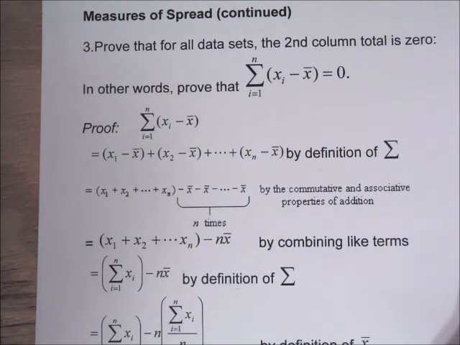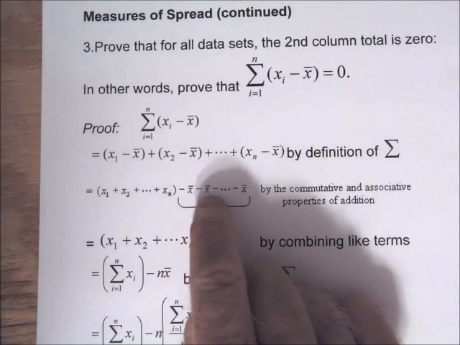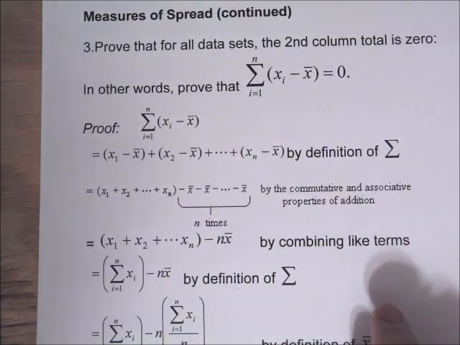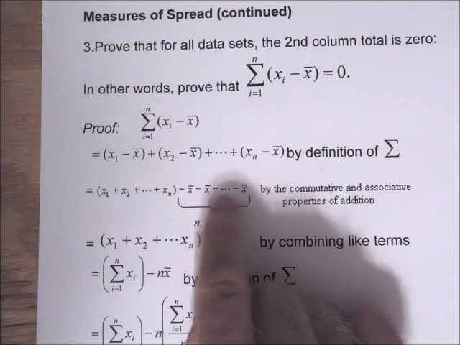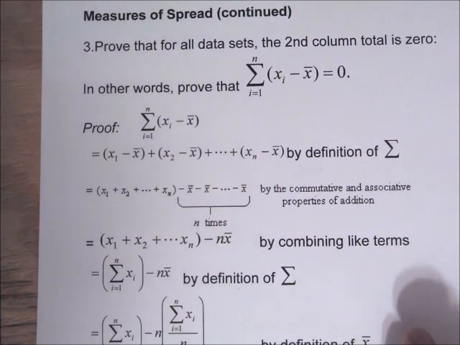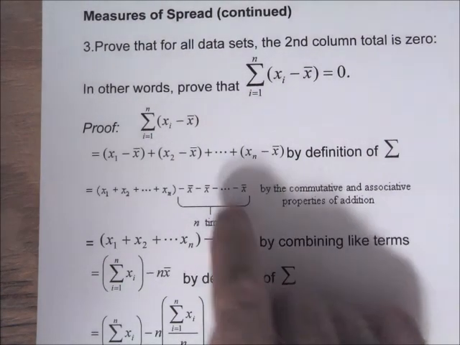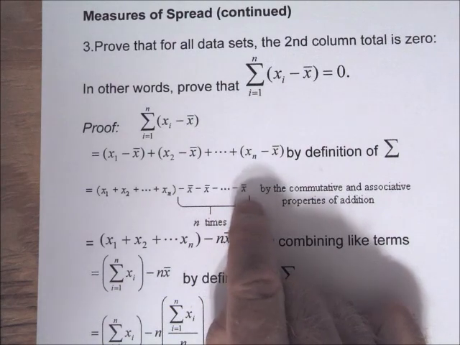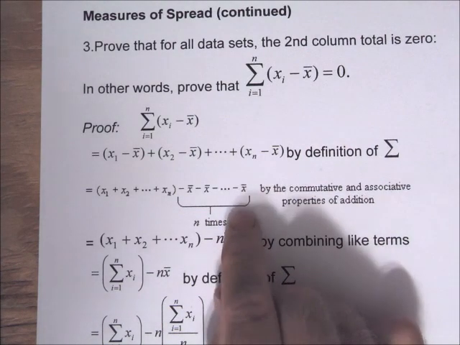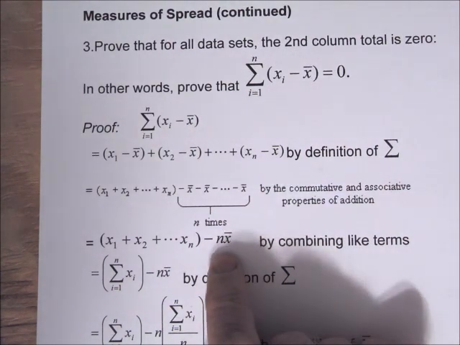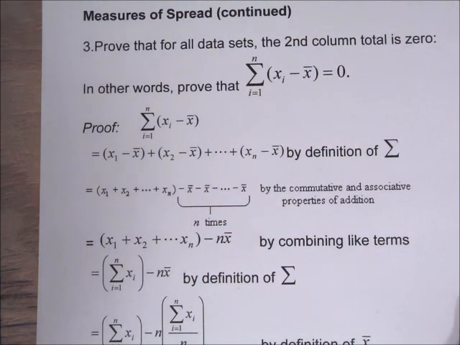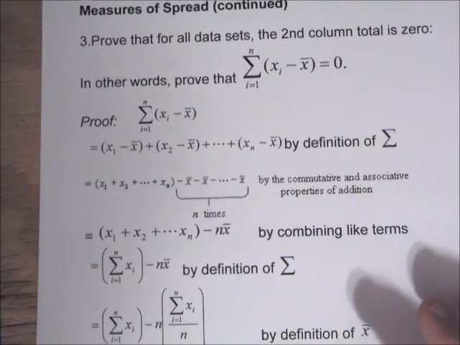Subtraction is not exactly commutative, but if you take the sign with you and treat it like an addition, then you can change the order for subtraction also. So we're subtracting x bar n times here, because that's the number of exam scores. So we can write that as n times x bar, because we're using multiplication to represent repeated addition.